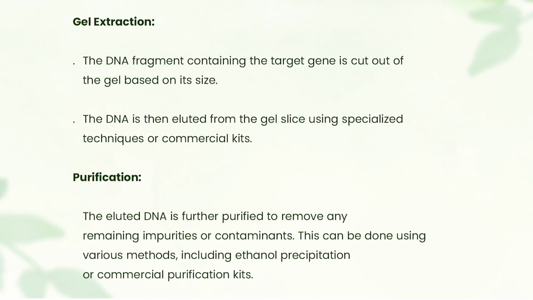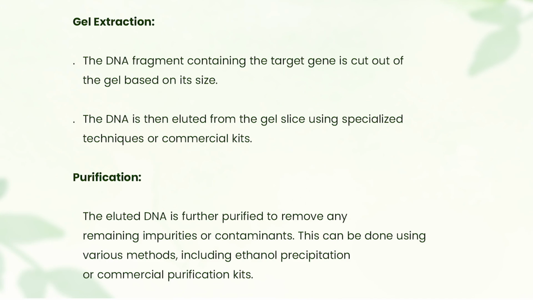For gel extraction, the DNA fragment containing the target gene is cut out of the gel based on its size. The DNA is then eluted from the gel slice using a specialized technique or commercial kit. For purification, the eluted DNA is further purified to remove any remaining impurities or contaminants.